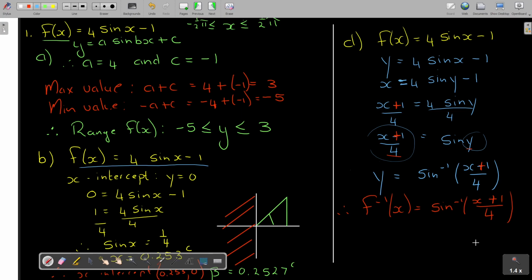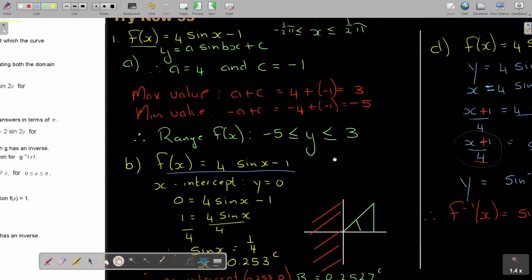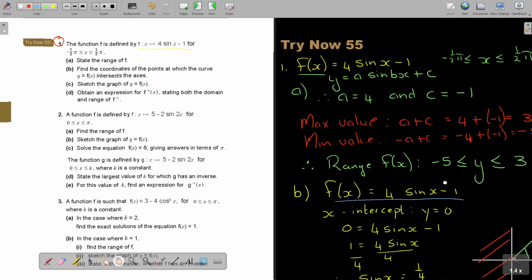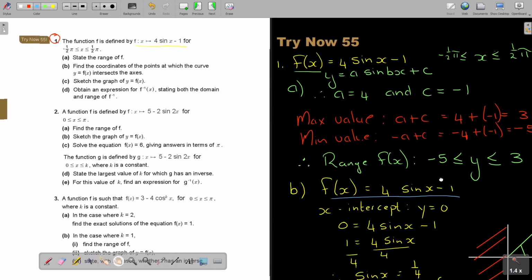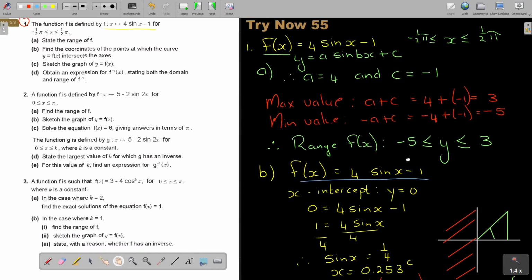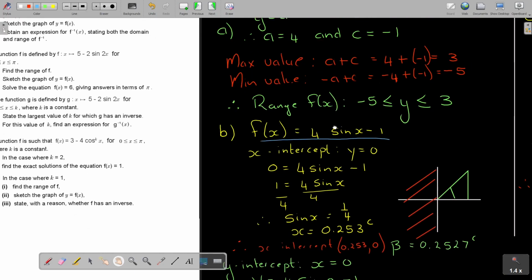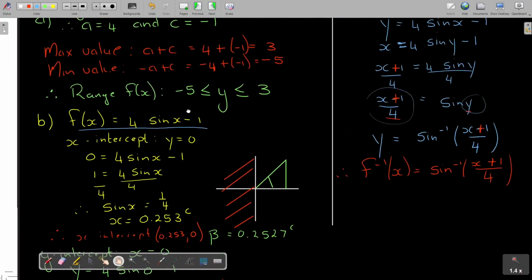Okay, and now they say write down the domain and the range. So what did they ask? Let's go back to the question. Obtain an expression stating both the domain and the range of f minus 1. Okay, so we have it actually here.